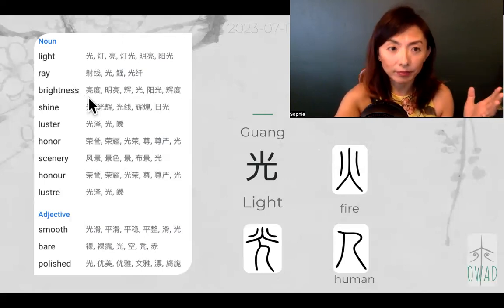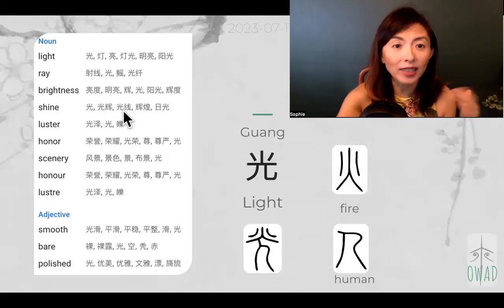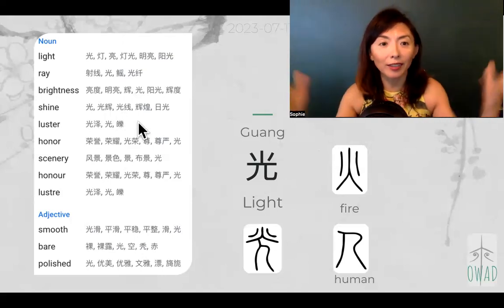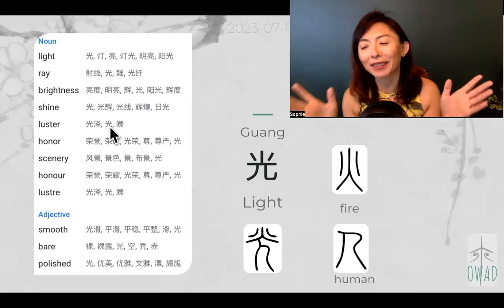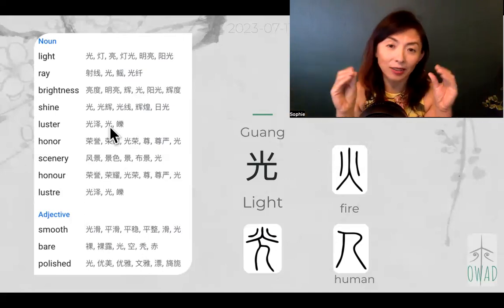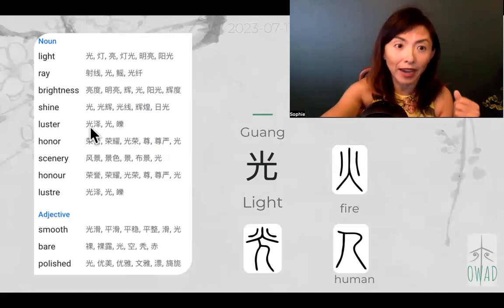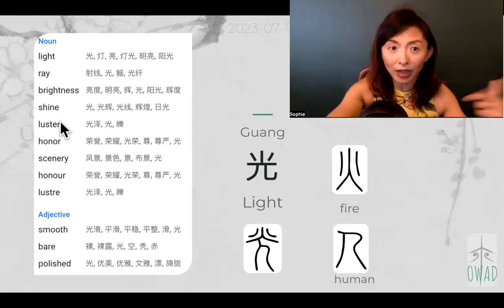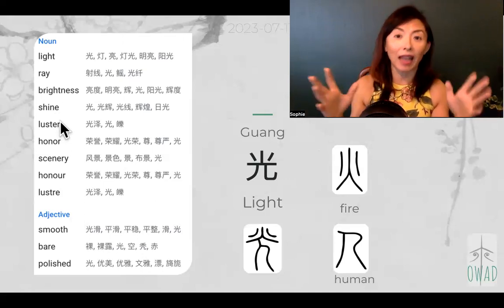Brightness. And then we have 光辉, and 光泽, which is probably more luster. 光泽 is not like a shine. Shine is brighter. Luster is more dimmed light, but you can still see the glow from it, right? So that's the English variation of different strands of light.